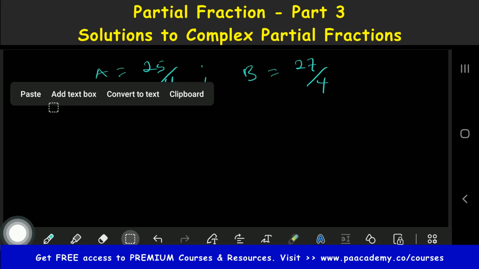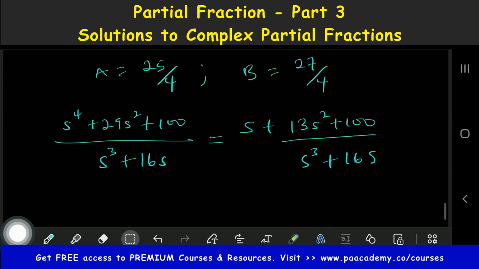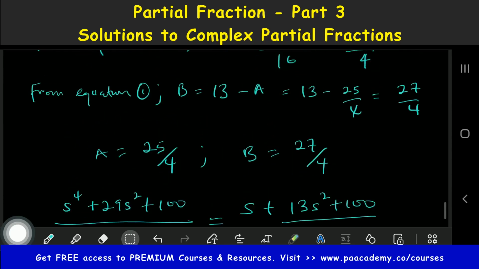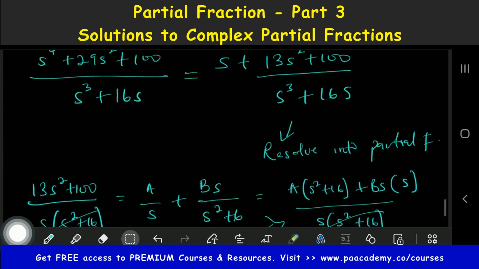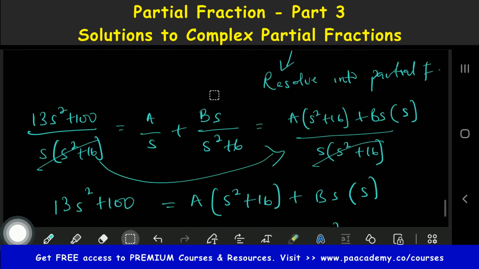Why are you not pasting? Okay, all right. Now that we've gotten our values for A and B, I think that's not what we're even supposed to copy. All right, so this is the part that we actually need.